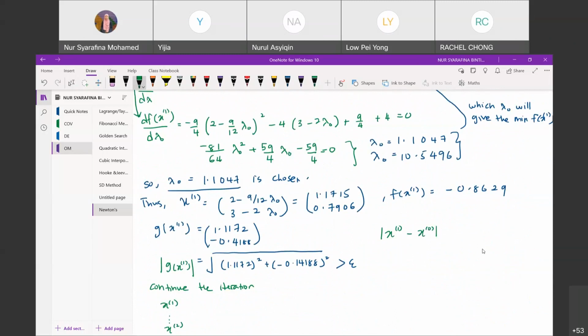So either way, it can be used. Okay, x1 minus x0. So you can find the magnitude here.